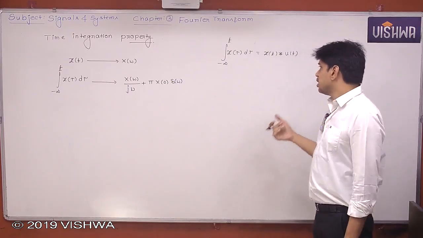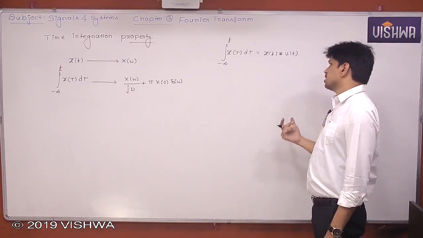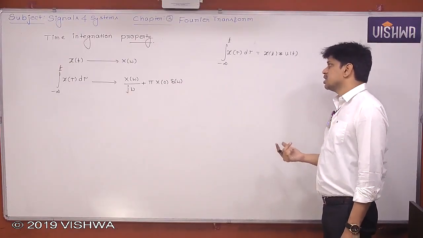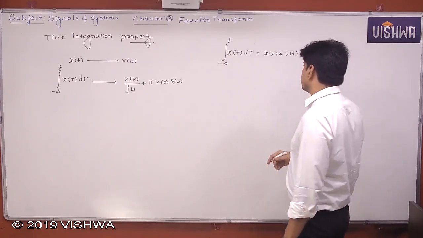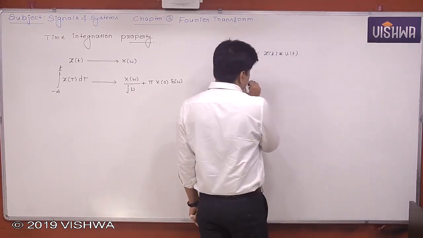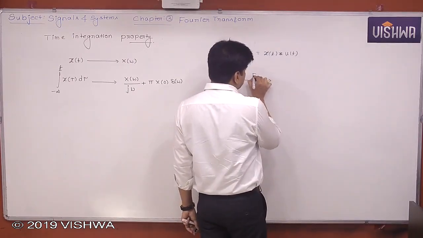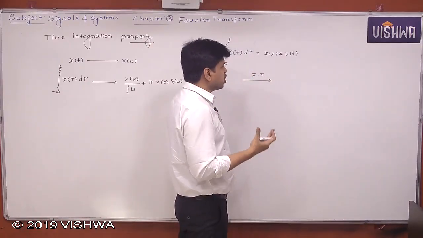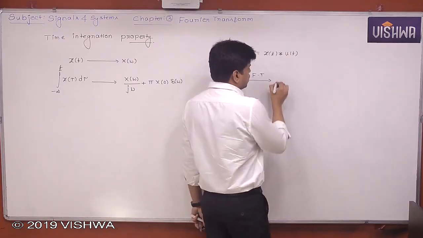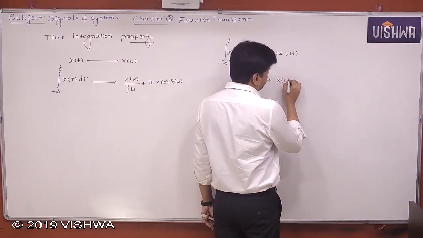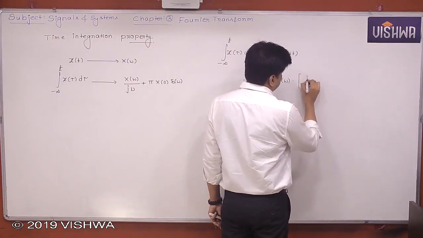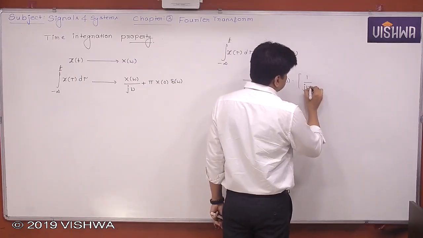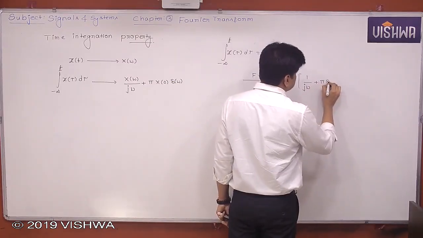If any signal is convolved with a step signal, that is nothing but the integration of the given signal. Now, for this one, what is the Fourier transform? We know from the convolution property that in the frequency domain it is going to be multiplication, so X of omega multiplied with 1 by j omega plus pi delta omega.